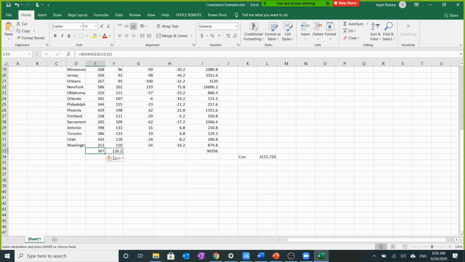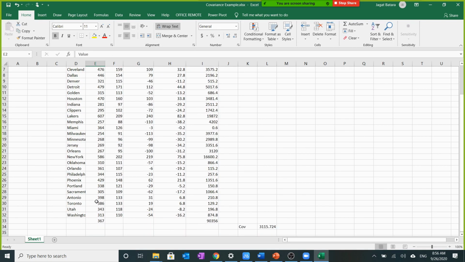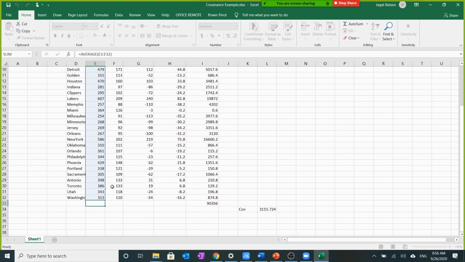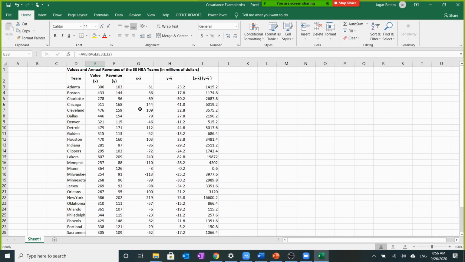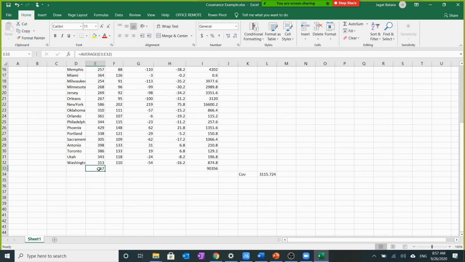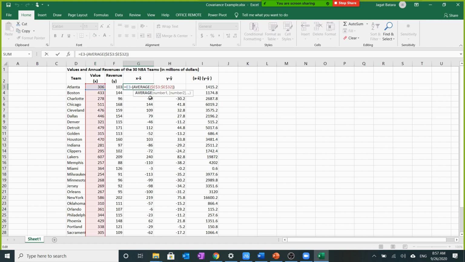This is the mean for this value. So this x value that we have minus the mean is negative 61. So we have this number.